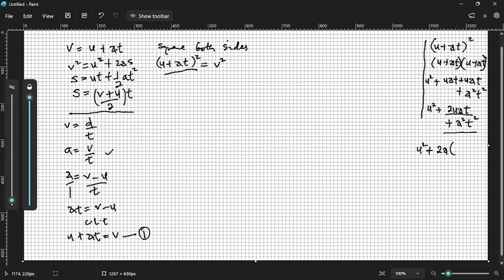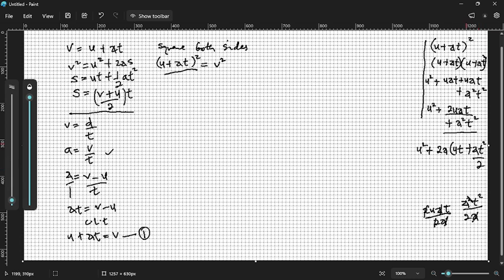Now, here we have 2UAT, we divide it by 2a. 2 will cancel 2, a will cancel a, so we'll be left with UT. So this will be UT plus A squared T squared over 2a. This a will cancel one of these a's, then we are left with A T squared over 2.